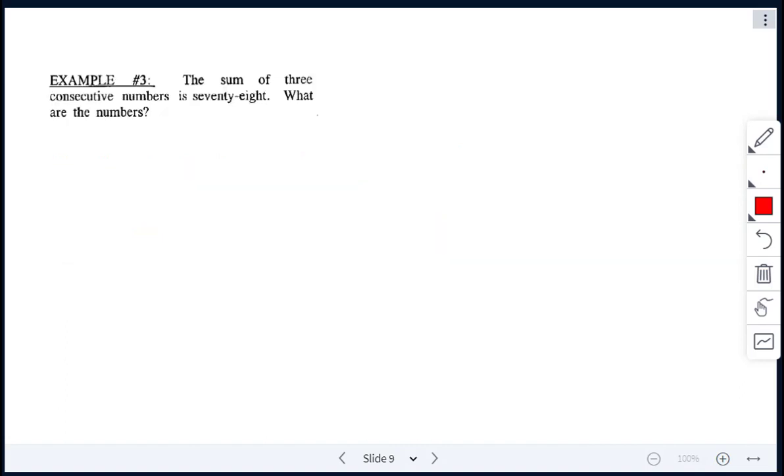Okay, so example 3, the sum of 3 consecutive numbers is 78. What are the numbers? So firstly, we will start by setting our variables. Our first number, we're just going to call it x. Then our second number is going to be x plus 1.